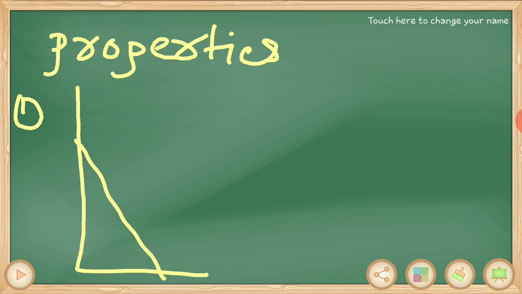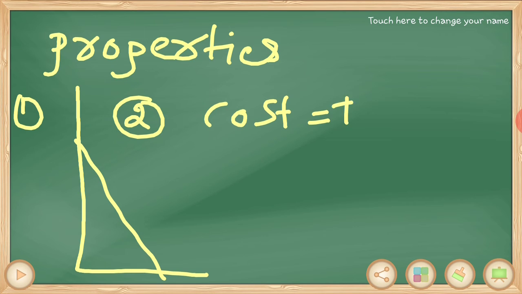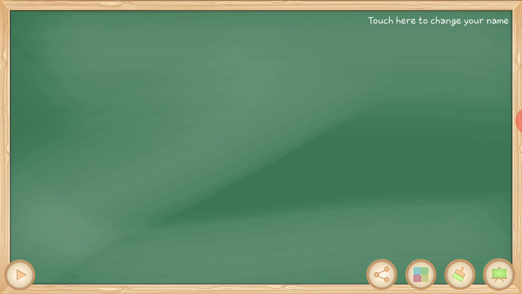These are the two important properties of the budget line. And one thing is 100% sure, the budget line slopes downward.